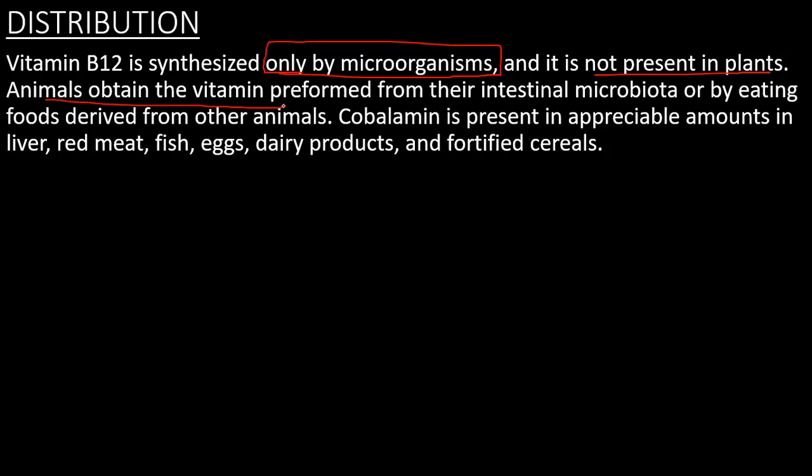Animals obtain the vitamin preformed from their intestinal microbiota or by eating foods derived from other animals. The intestinal microbiota in your gut can produce this, but not in sufficient amounts, so you have to derive it from eating foods derived from other animals.